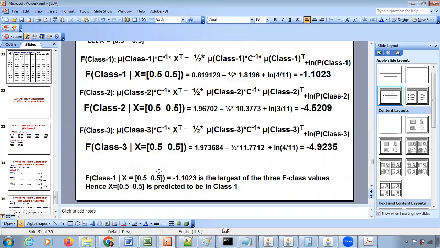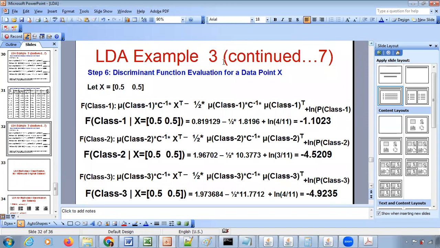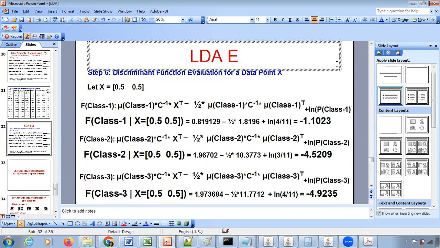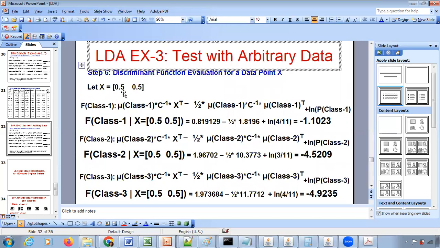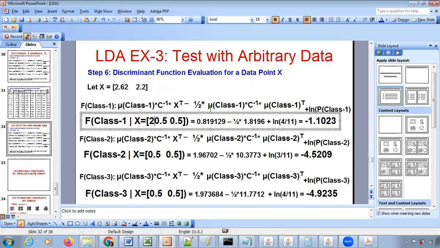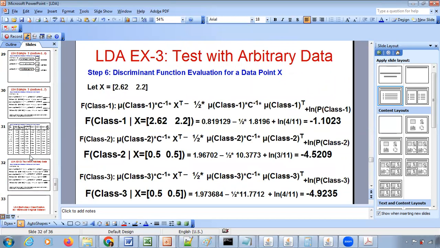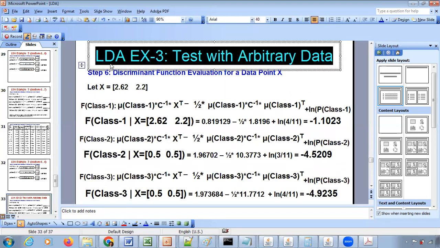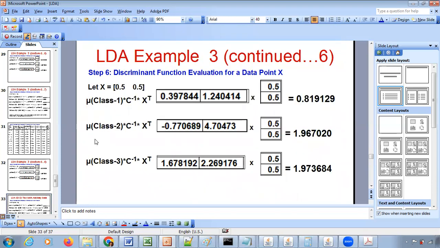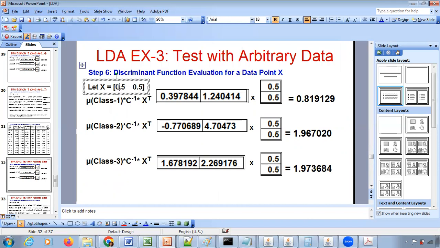So we are testing with arbitrary data, 2.62 and 2.2, and of course we need to find the result.